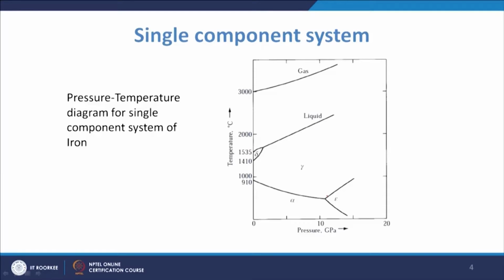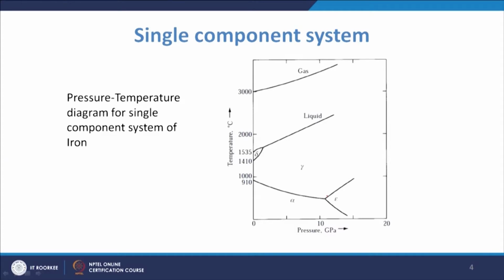Coming to the single component system, there is no compositional variable, and this is the pressure temperature diagram for the single component system of iron.